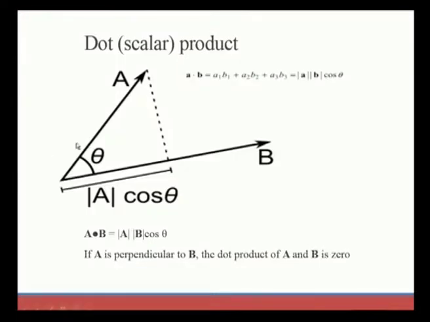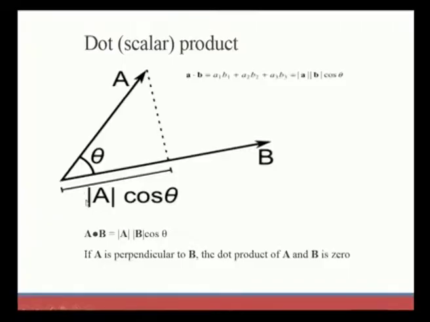So, we need to know about the dot product and the cross product. Here the dot product always represents a scalar quantity. If we consider two vectors A and B with an angle of deviation theta between them, then A dot B is equal to AB cos theta, the product of the magnitudes into cos theta, the angle between them.